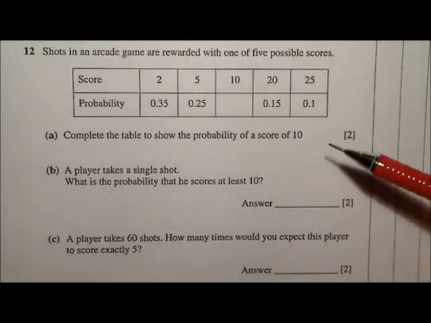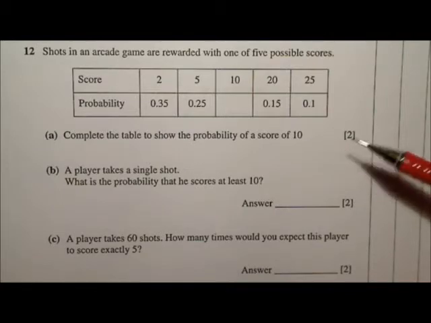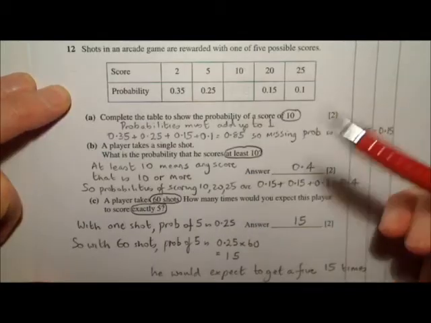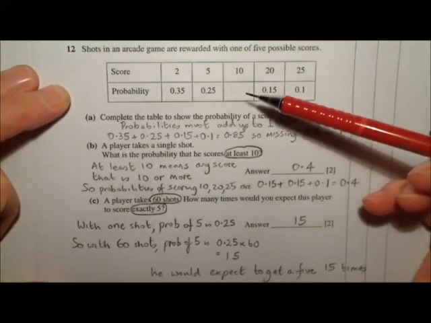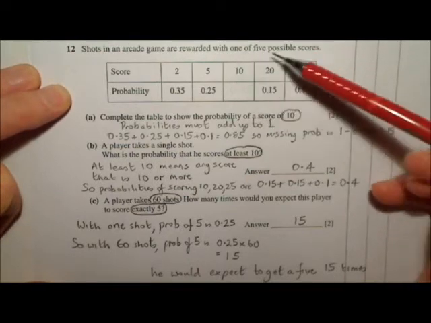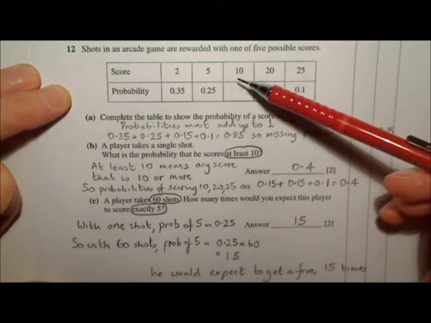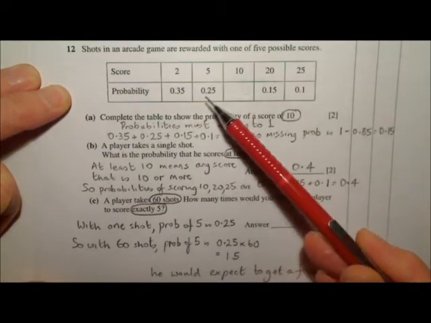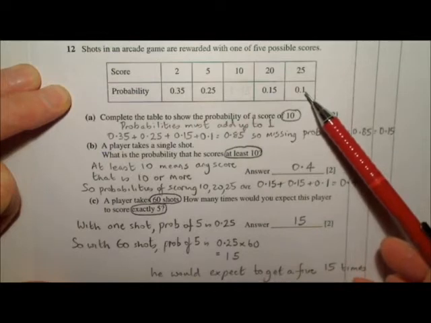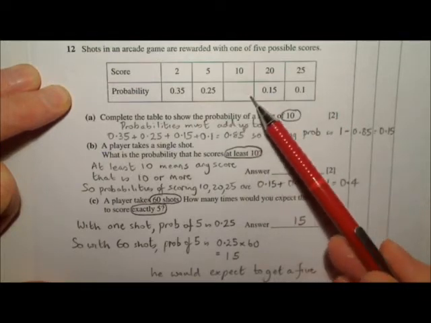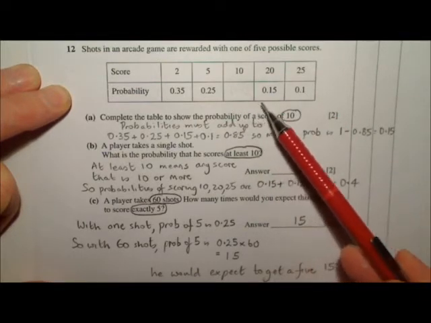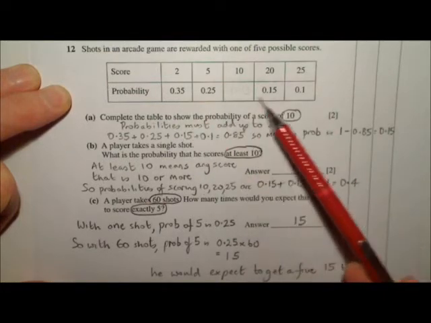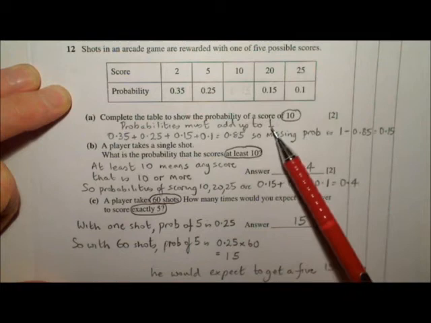Okay, there's question 12. Just have a look at that and we'll go through it in a few seconds. Okay, so for question 12, it's telling us in the table here there's 5 possible scores in an arcade game, and we're given the probabilities of 4 of them, and we have to complete the table to find the probability of getting a 10. So in these ones we have to remember that all the probabilities must add up to 1.